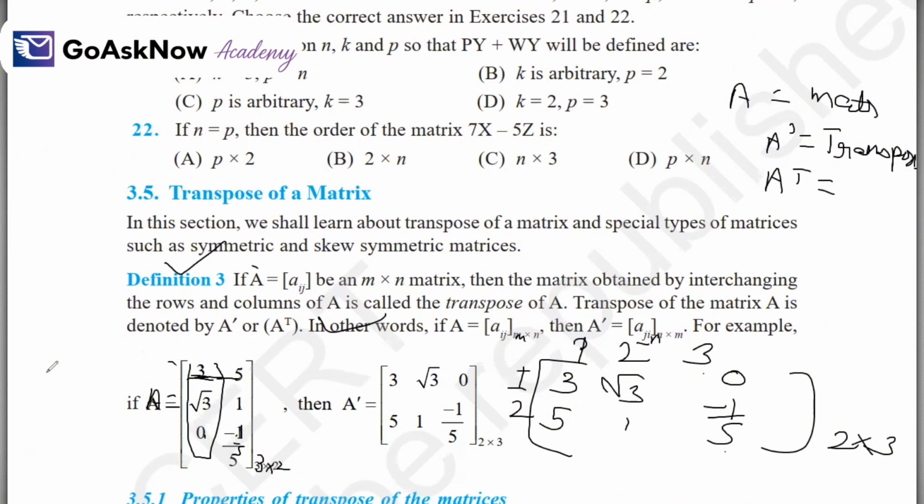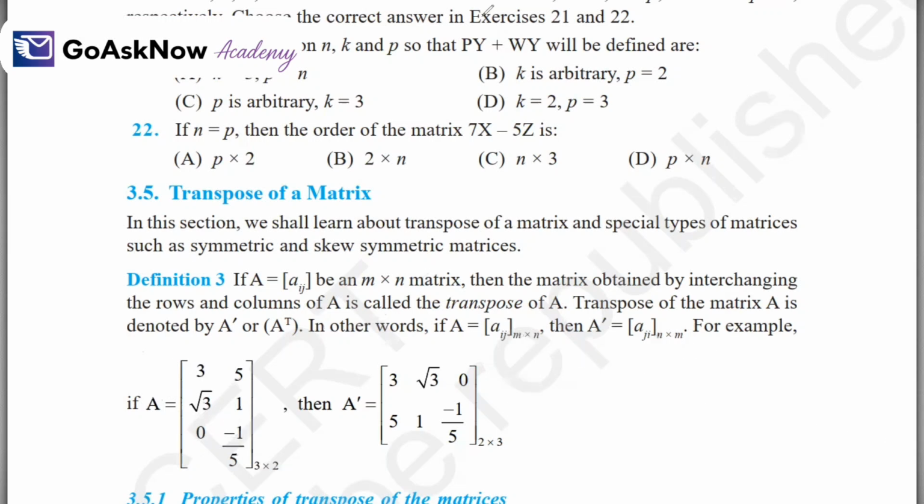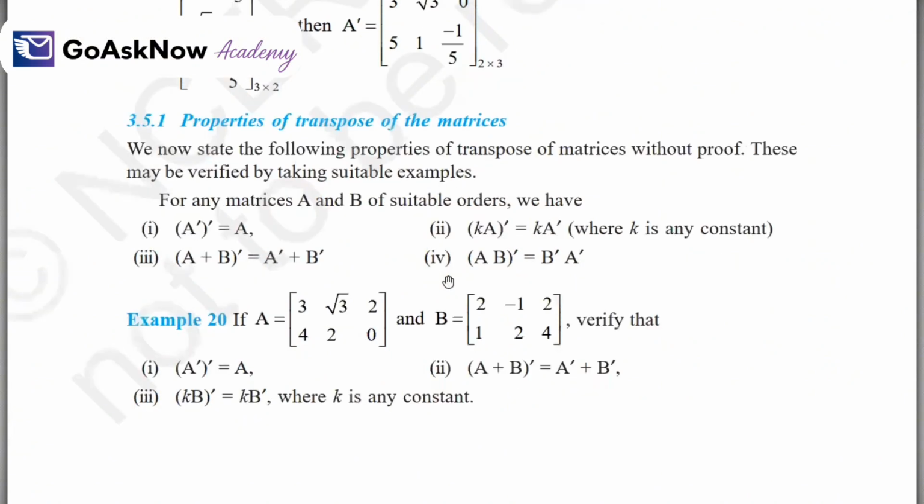So let's move further and see the next thing: properties of transpose of matrices. There are some very important properties of transpose that you have to know. We now state the following properties of transpose of matrices without proof. We don't go through the proof, because that will take a lot of time and it is not in your syllabus. These may be verified by taking suitable examples.